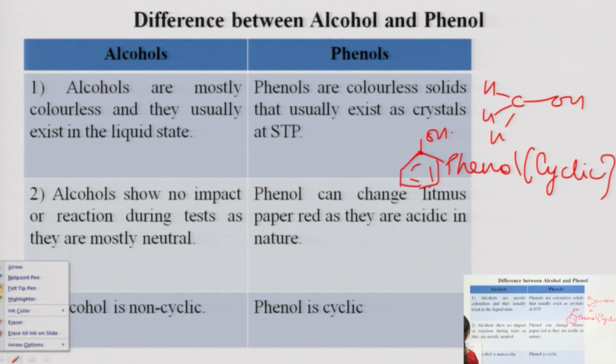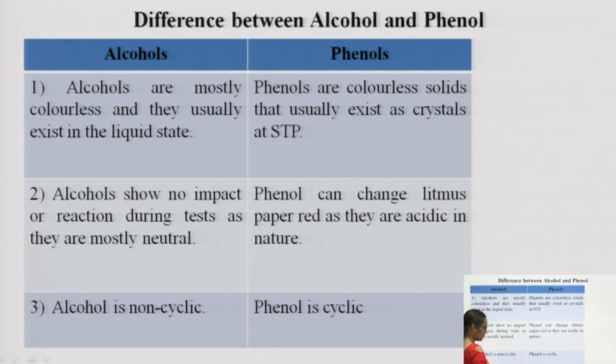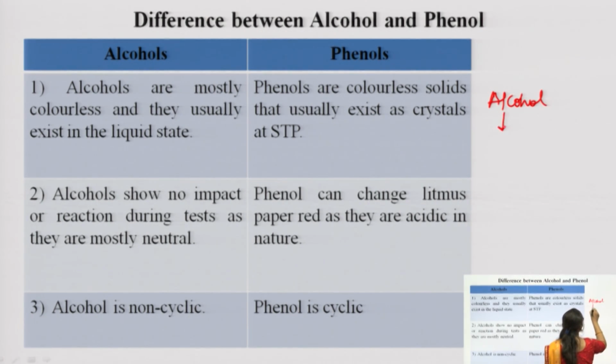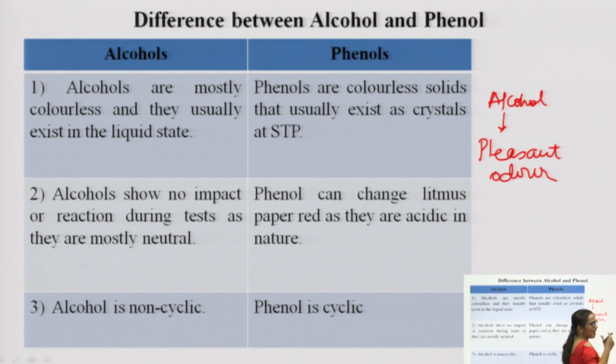Now a few more differences are there. The next difference is about odor. Alcohol gives a very pleasant odor, right? The smell of alcohol is pleasant. I think you have seen that alcohols like methanol and ethanol that you have come across in your routine life have a pleasant odor.